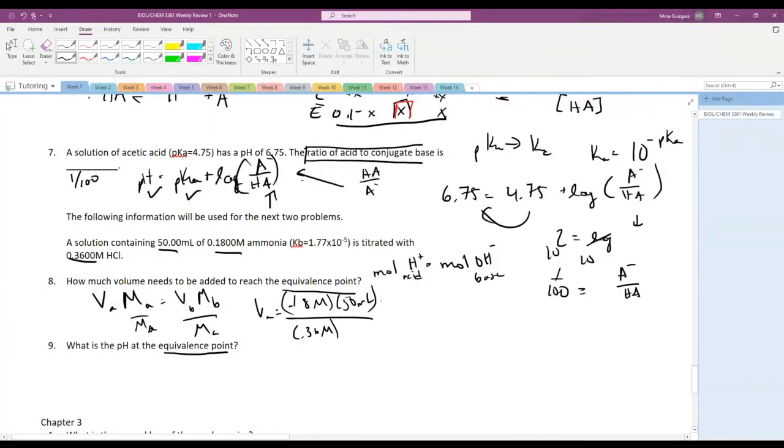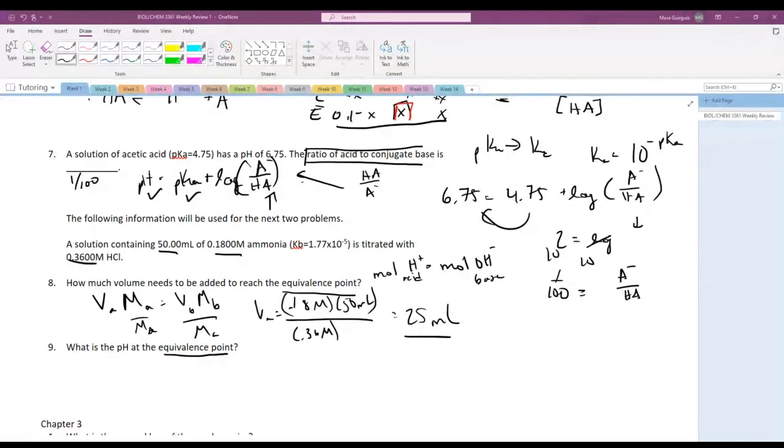You plug it into your calculator, and that number ends up being 25 milliliters. In other words, we need to add 25 milliliters of our 0.36 molar hydrochloric acid to reach the equivalence point.